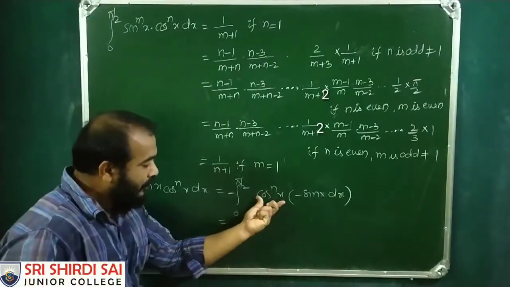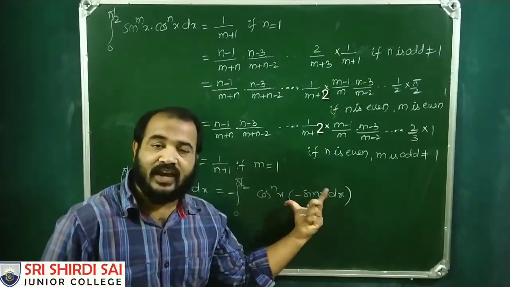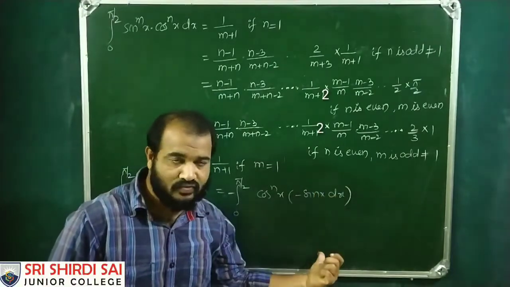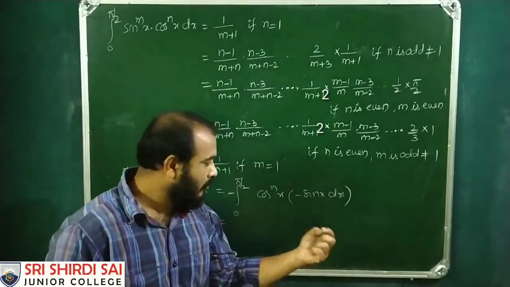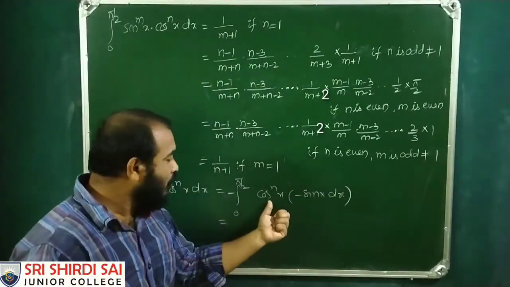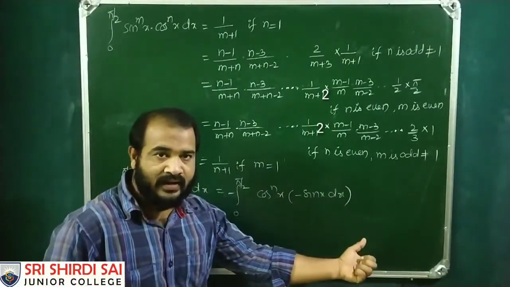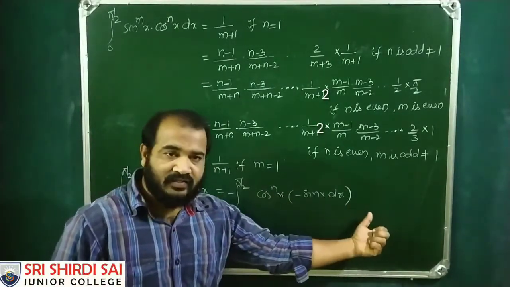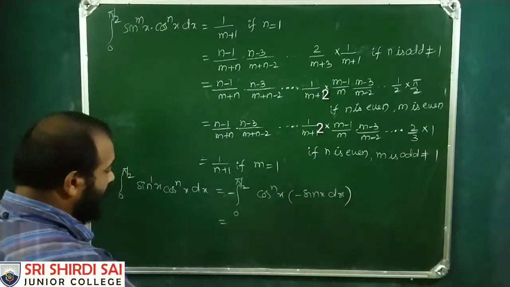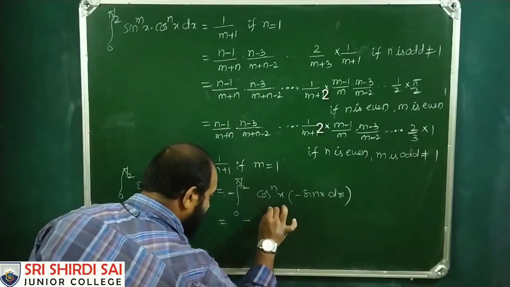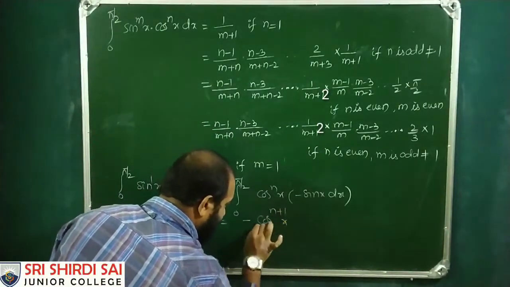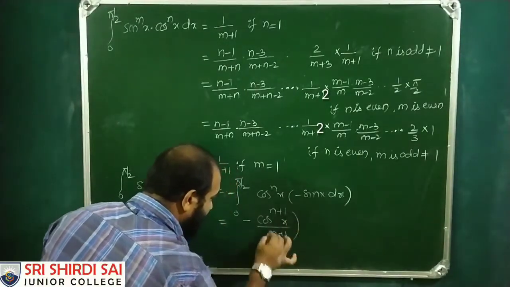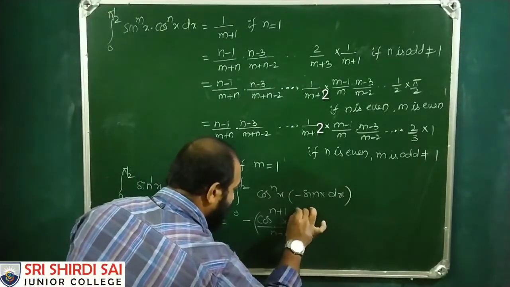Now f of x whole power n into f dash x dx is f of x whole power n plus 1 by n plus 1. Otherwise, if you do not know this, then simply take cos x equals t. Then minus sin x dx equals dt, and proceeding, we get cos power n plus 1 x by n plus 1 from 0 to pi by 2.